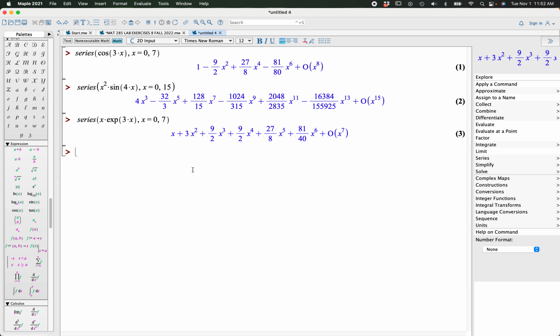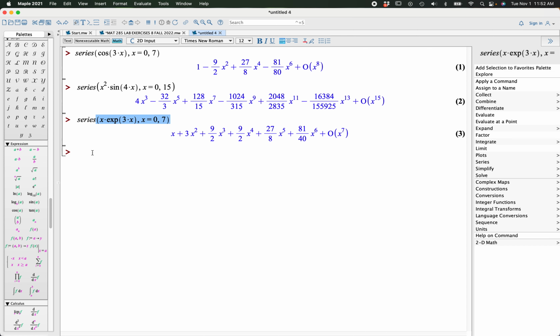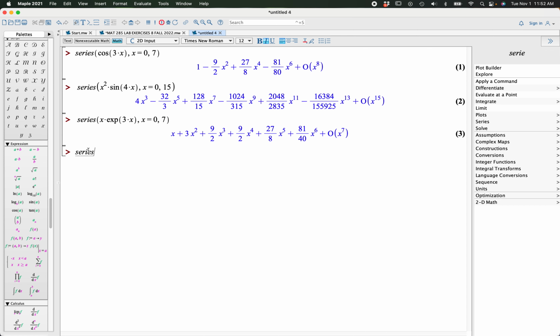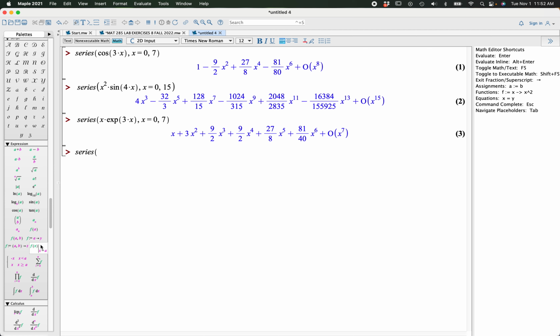Now if I take the antiderivative, let's see, I think I'll just type it in. The series, and from the palette you have the integral of x times e. In this case for Maple, we have exp 3 times x, close out, we have dx, and we have x go from 0 to 7.